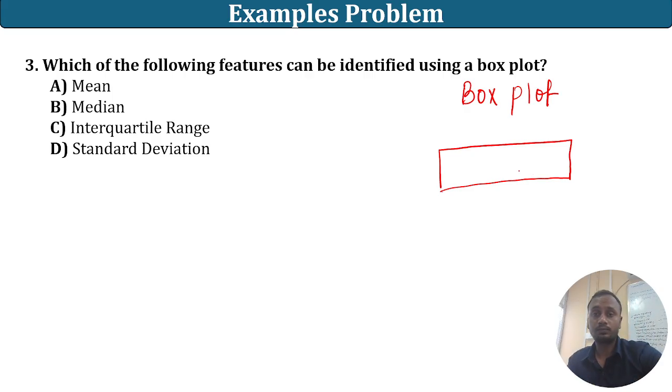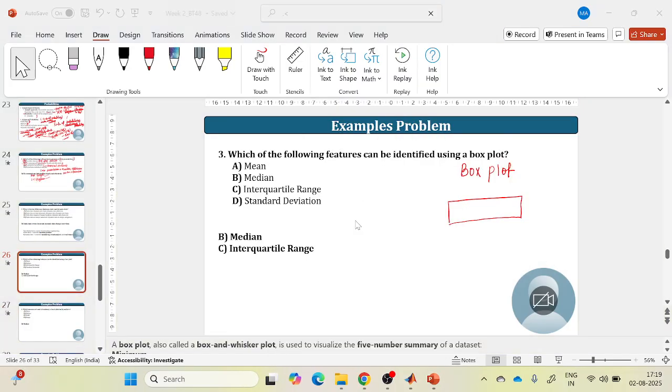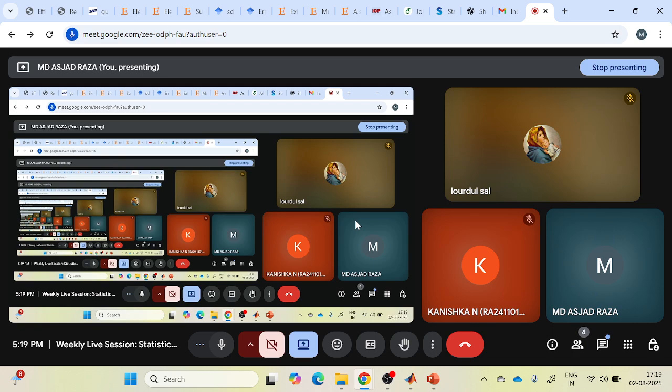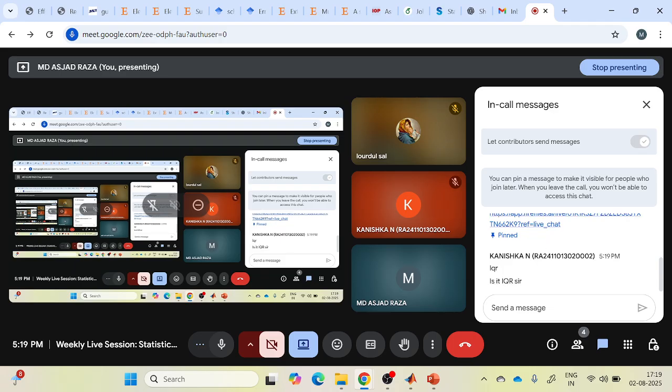Anyone is there? Is it interquartile range that will be there?